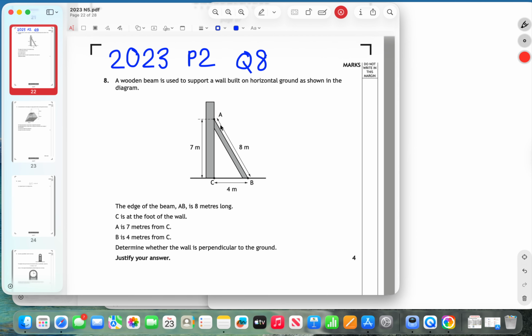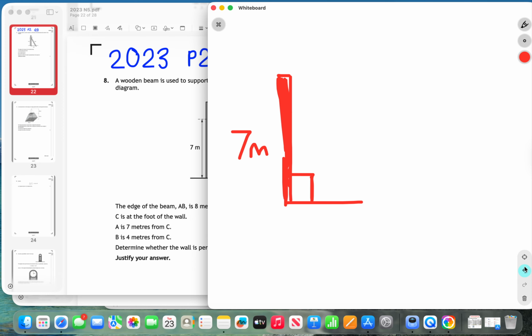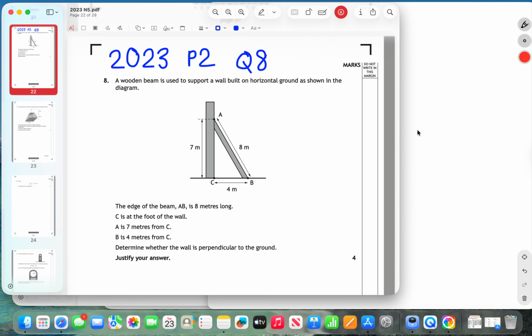And it turns out that that would then make it a right angled triangle, if that was the case. But we have to find out if that's the case. So the question is asking us essentially, is this triangle right angled? That's what it's asking.